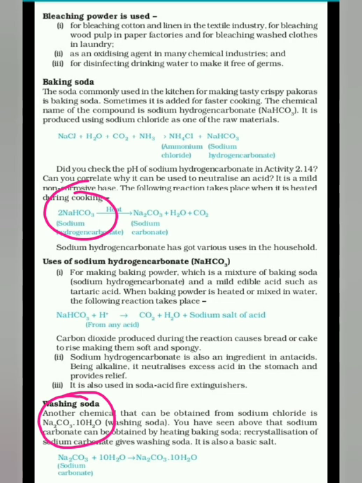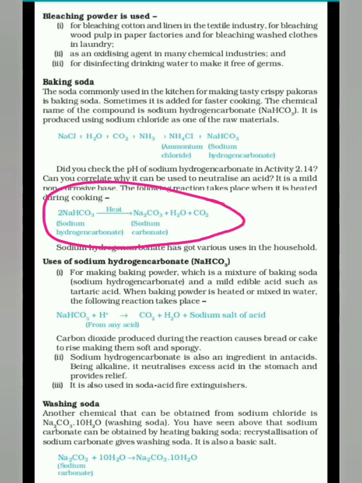You have seen above that sodium carbonate can be obtained by heating baking soda, and recrystallization of sodium carbonate gives washing soda. So when we heat sodium bicarbonate, it forms sodium carbonate, and by the recrystallization of this sodium carbonate, washing soda can be formed.